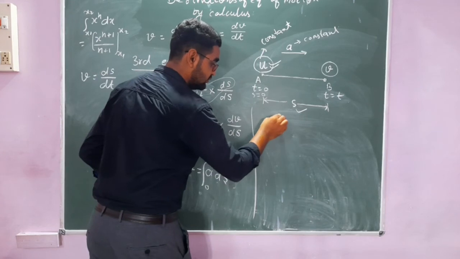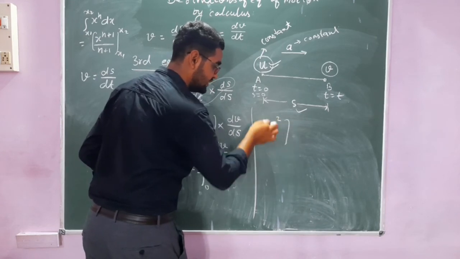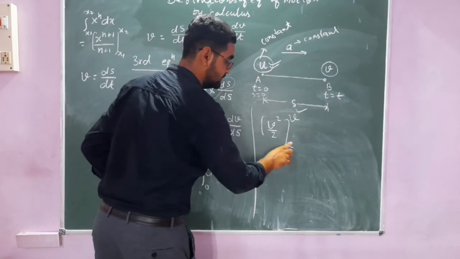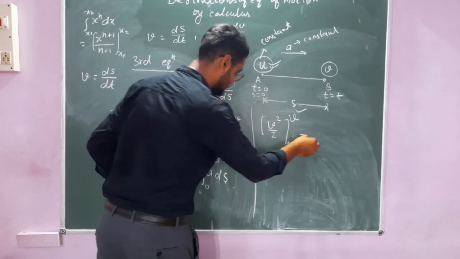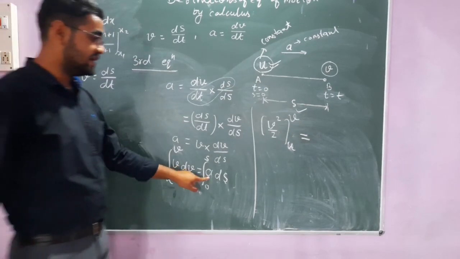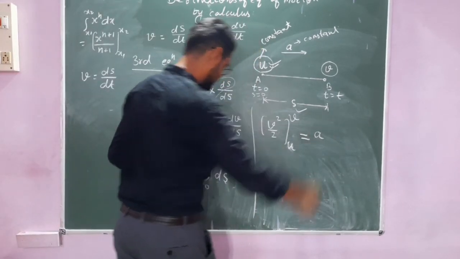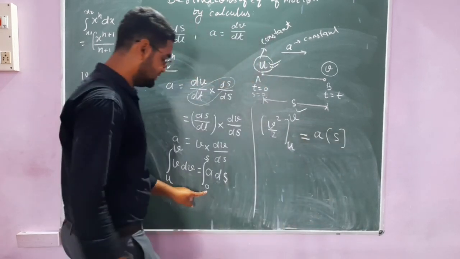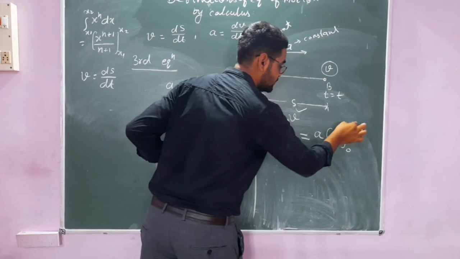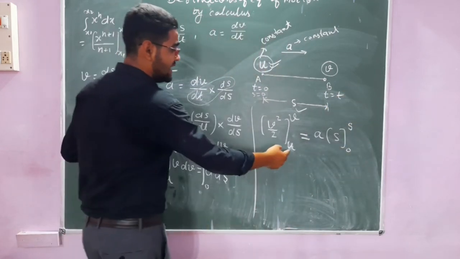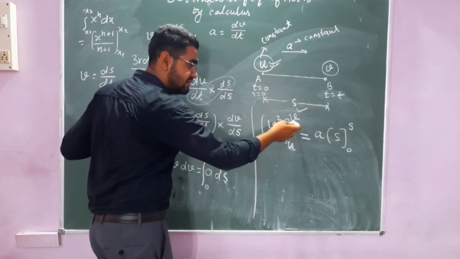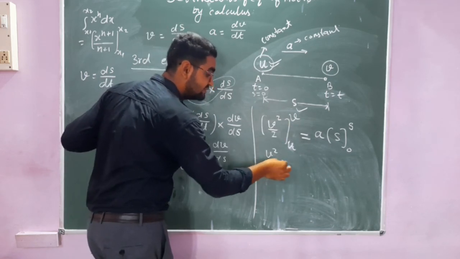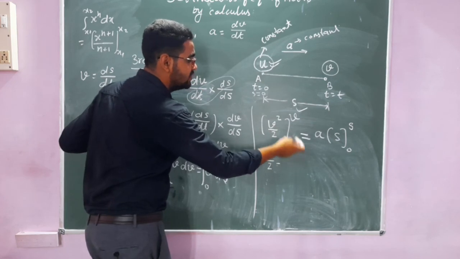This will become v square by 2, integration limit u to v, is equal to a, constant, out of the integration. Integration ds will be equal to s, limit 0 to s. Applying the upper limit, we place v in place of v. This will become v square by 2 minus the lower limit. Put u in place of v.